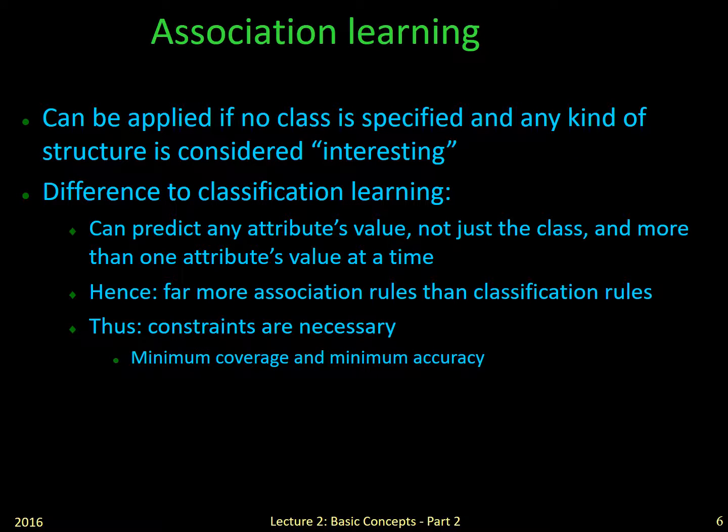With association, we want to detect associations between different aspects of a problem. Association learning can be applied if no class is specified and when any kind of structure is considered to be interesting. Association can predict not only classes, but also any other kind of attribute.